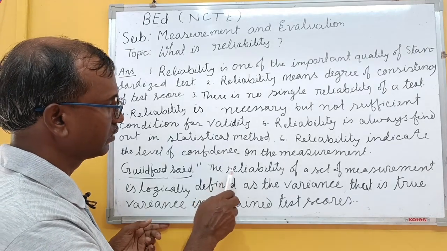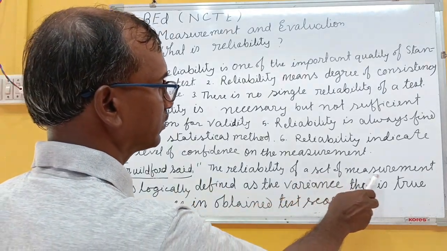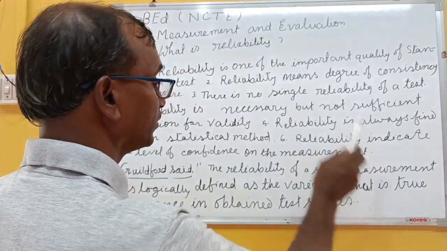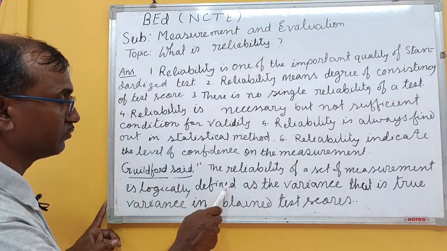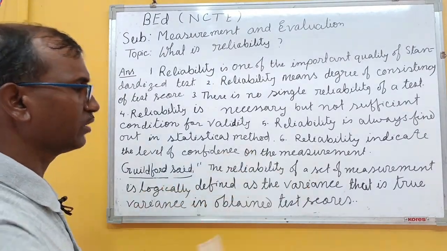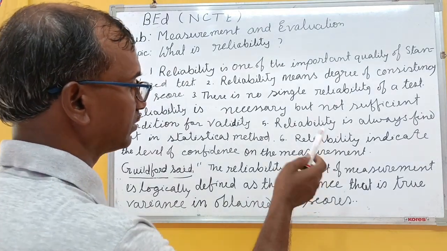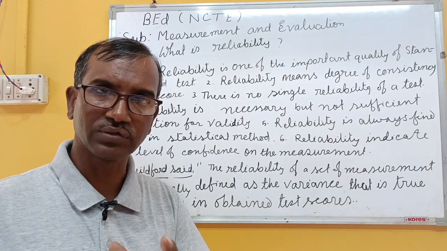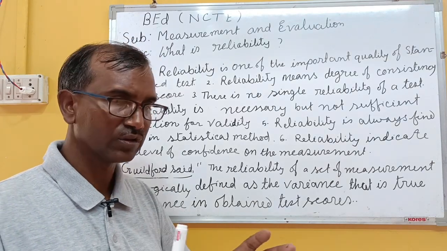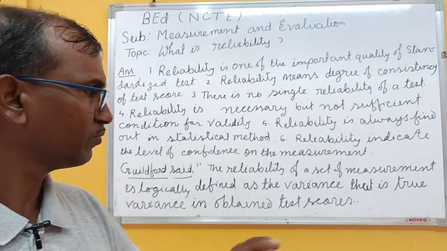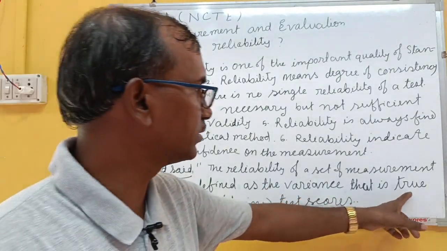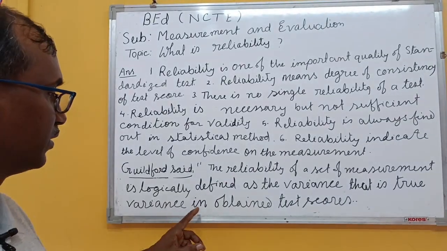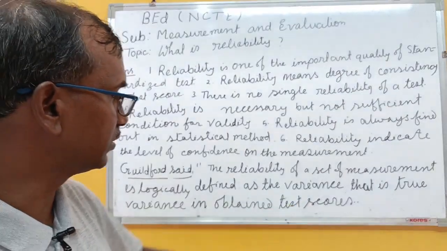He said the reliability of a set of measurements is logically defined as the true variance. Variance means difference, degree of consistency, gap. In real sense, it must be variance in obtained test scores.